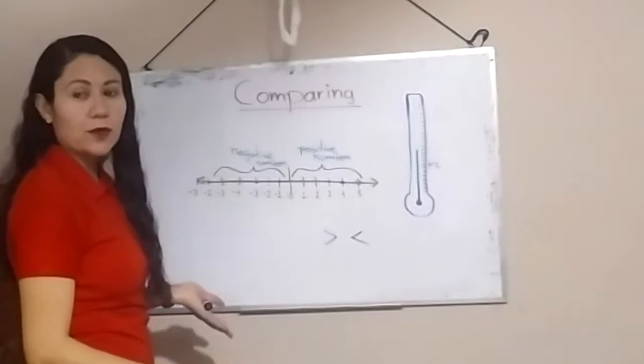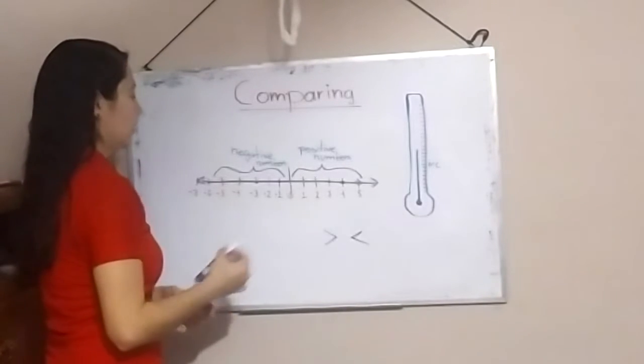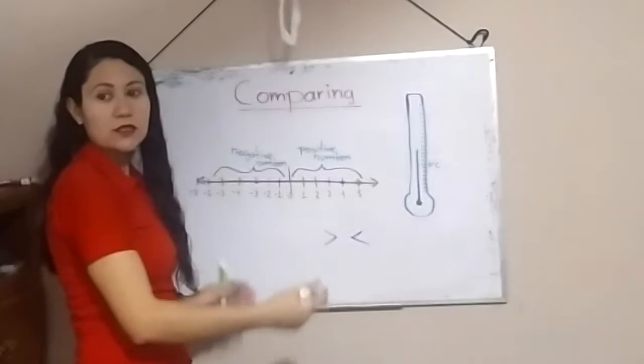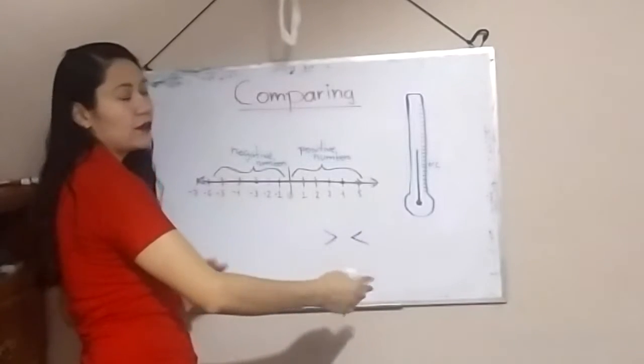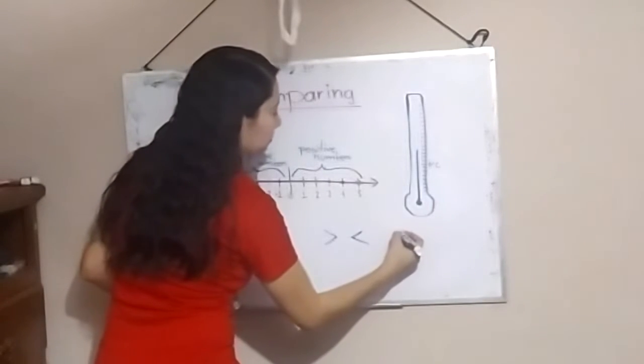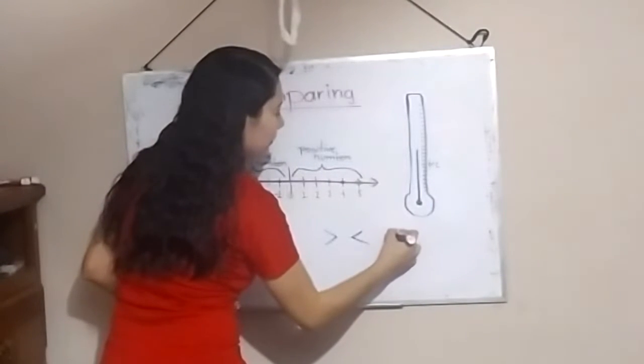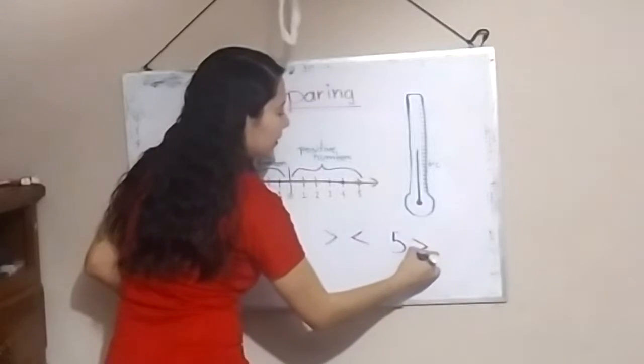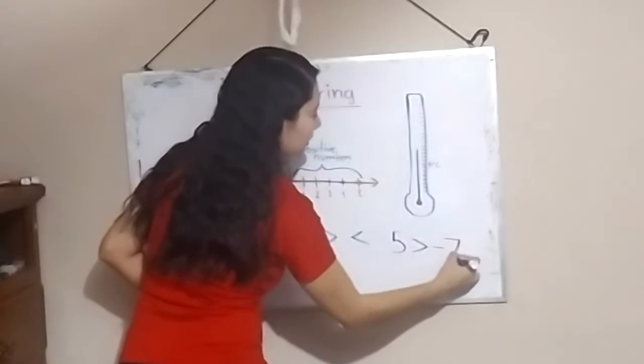Now, which one is greater? Which one is to the right? The negative 7 or 5? 5. So, we have 5 is greater than negative 7.